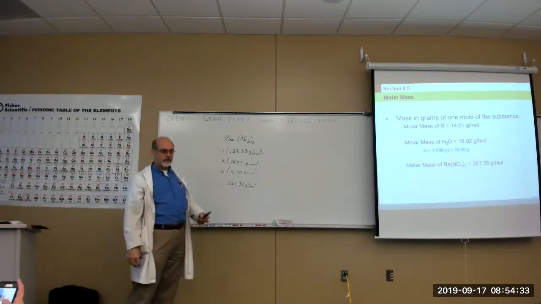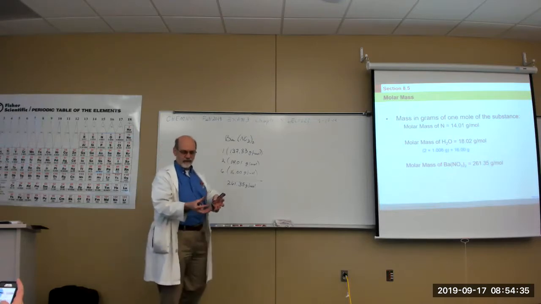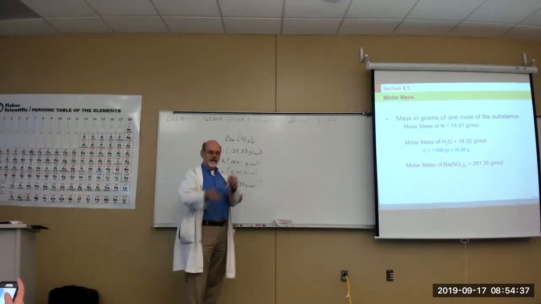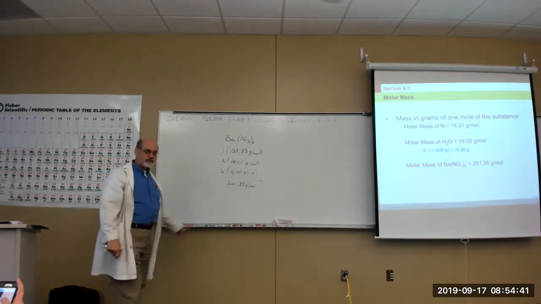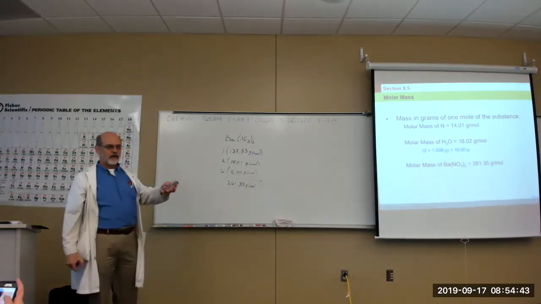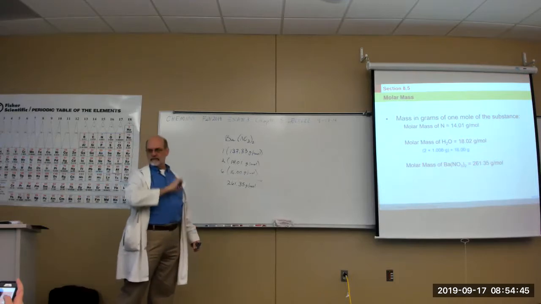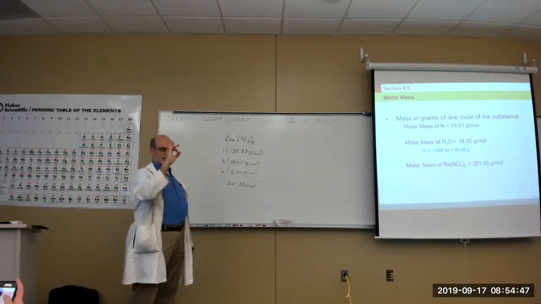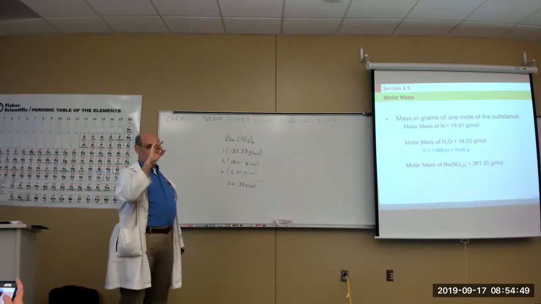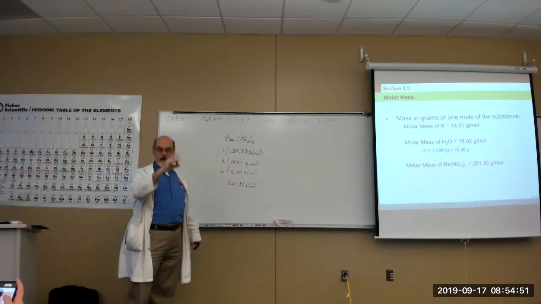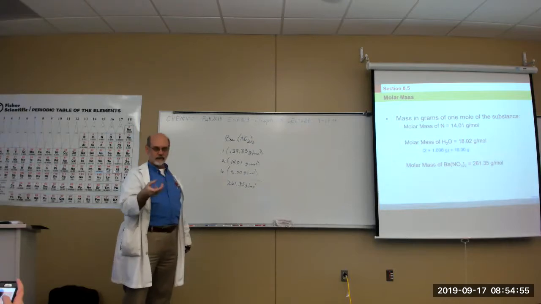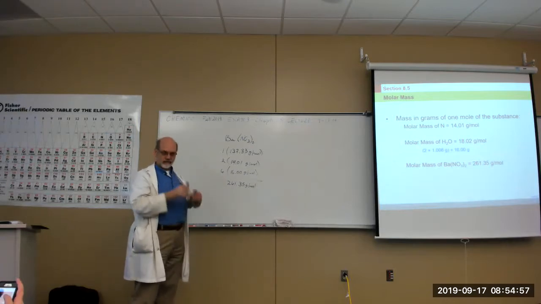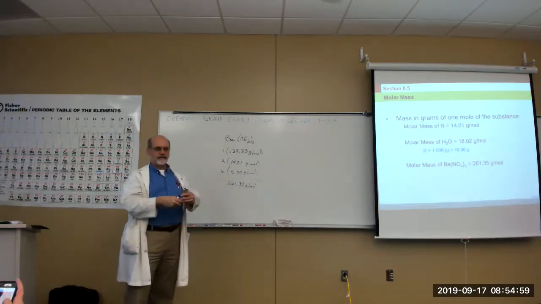So if you have a certain mass of that molecule, you can find out how many of them there are. If you knew the mass of hemoglobin on one erythrocyte, a red blood cell, then you can tell how many of those molecules are on one erythrocyte.